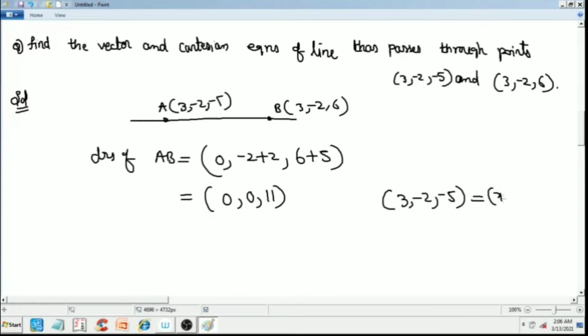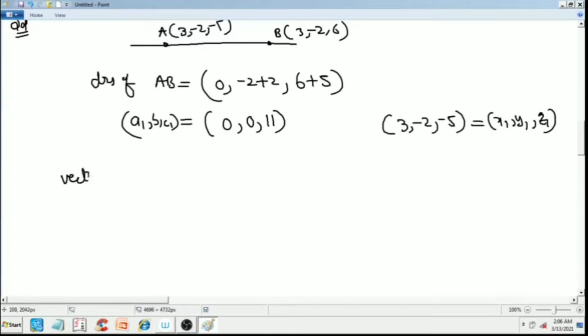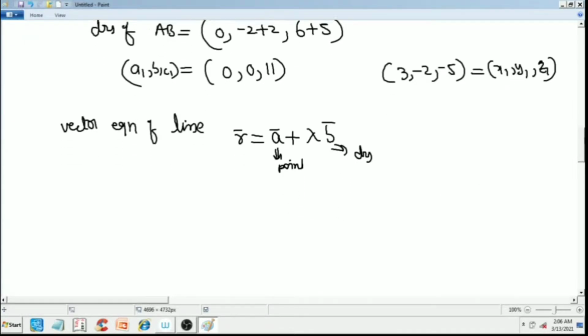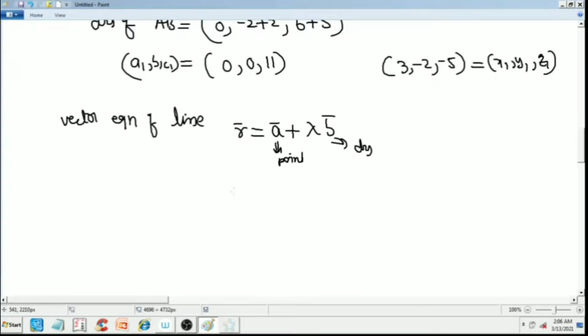We have one point x1, y1, z1 and DRs a1, b1, c1. Then the vector equation of a line is r bar equals a bar plus lambda times b bar, where a is the point and b is the DRs. So r bar is equal to the point 3i minus 2j minus 5k plus lambda times b bar.